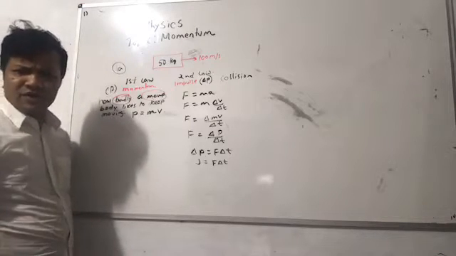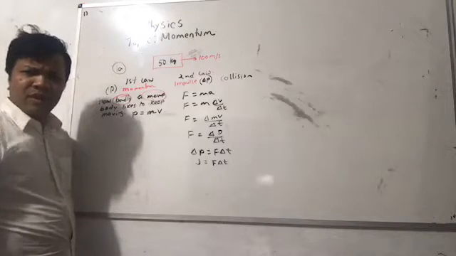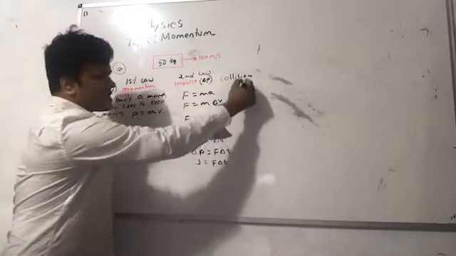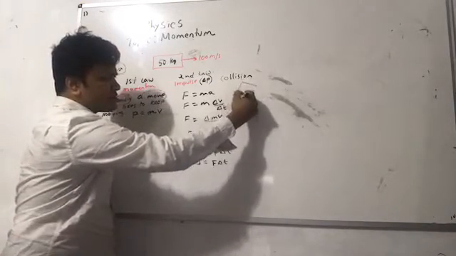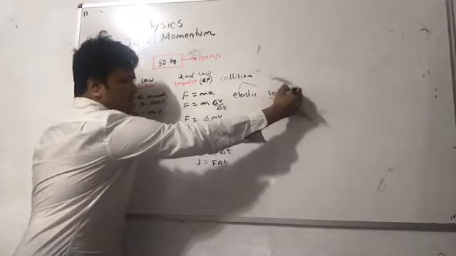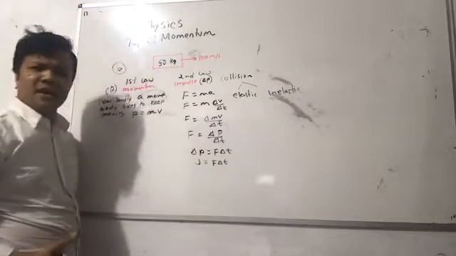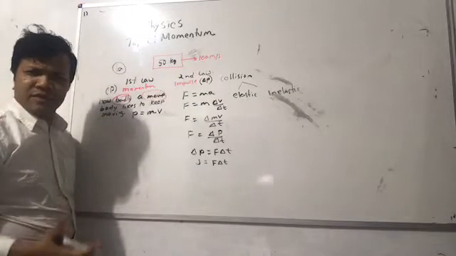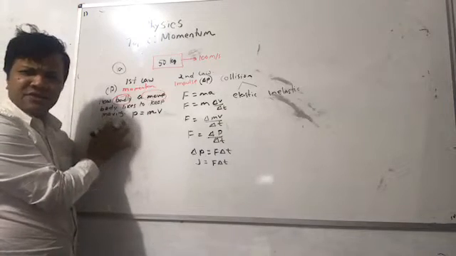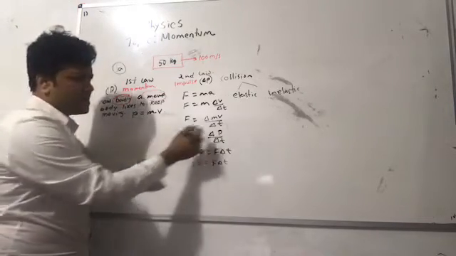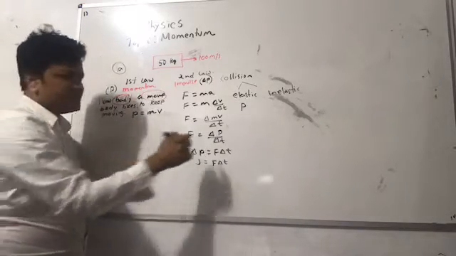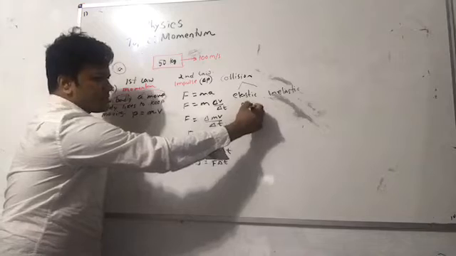Now let's talk about collision before we solve this problem. There are actually two types of collision: elastic and inelastic. Elastic collision has to satisfy the conservation of momentum. Momentum before is equal to momentum after.